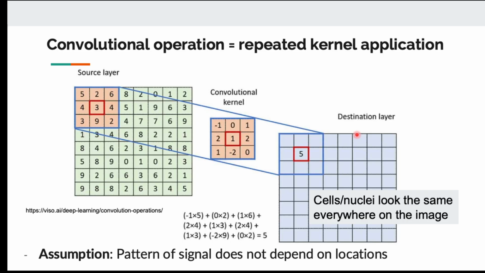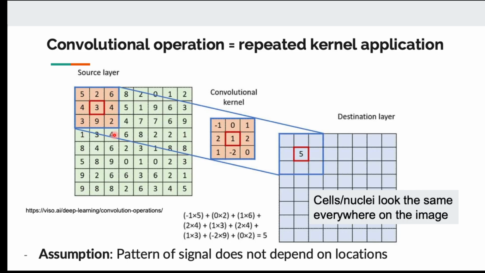One thing that I want to note here: the fact that you are applying the same kernel, the same coefficients, throughout the image has one implication, which is you don't care where in the image the object is. And this applies for most of your questions, because if you want to identify a cell, it can be in the top corner, it can be in the bottom corner, it can be in the middle.